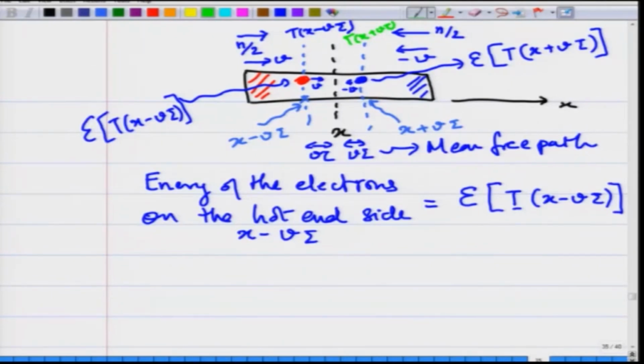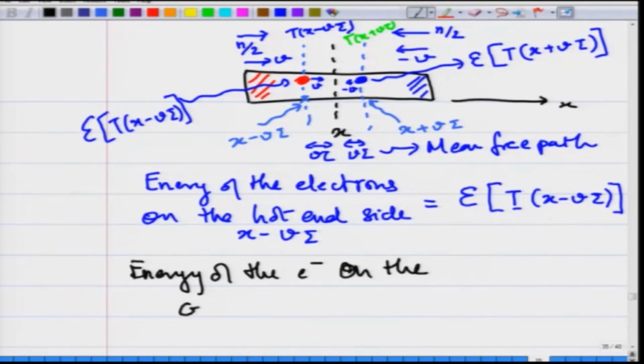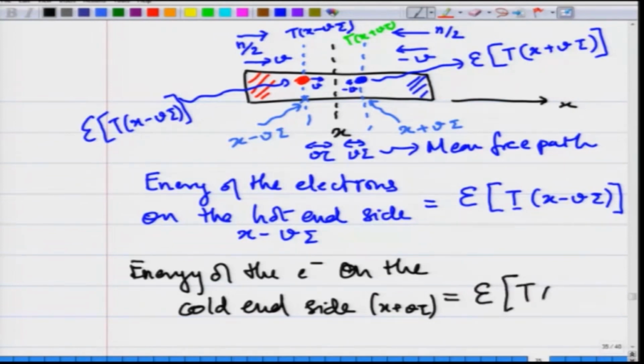So, the energy of the electrons on the cold end side at x plus v times tau is governed by the temperature at x plus v times tau, because the sample has a temperature gradient, and only then will there be some flow of energy.